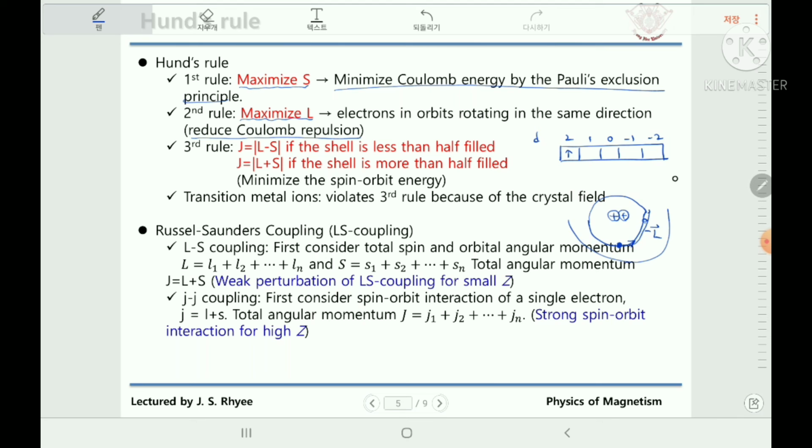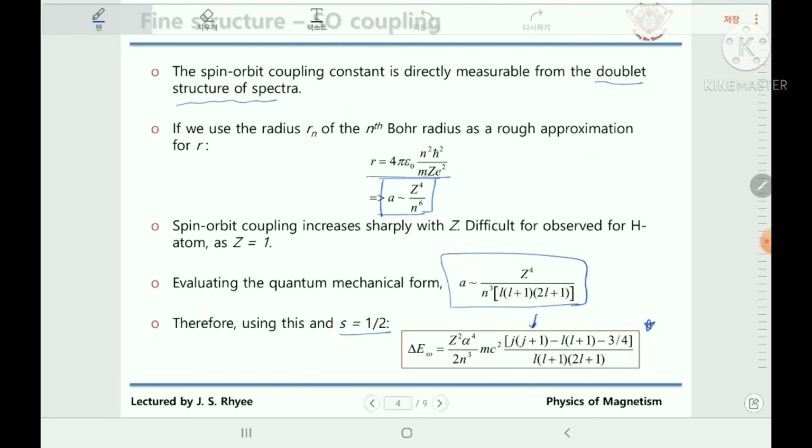The third rule is that if the shell is less than half filled, J should have the anti-parallel direction, and if the shell is more than half filled, they should have the parallel direction. It is to minimize the spin-orbit energy.